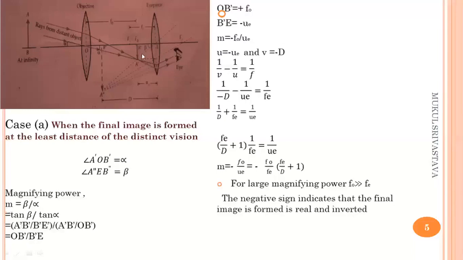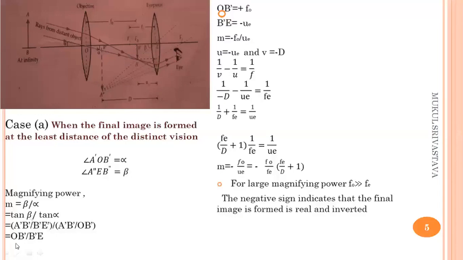Tan beta you can find here, that is given by A dash B dash upon B dash E. Now again in this triangle, tan alpha you can calculate, that is A dash B dash upon OB dash.